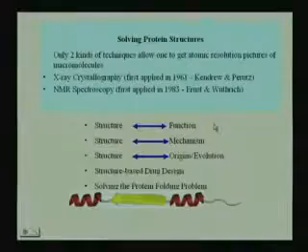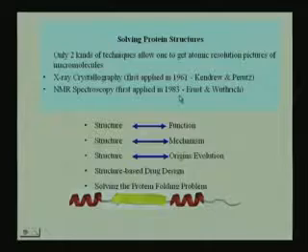But for now, we are going to understand more of how we can actually get to solving protein structures, because now we know that we have this amino acid sequence. We know that we can get a secondary structure out of it, from that a tertiary structure, and finally a quaternary structure.